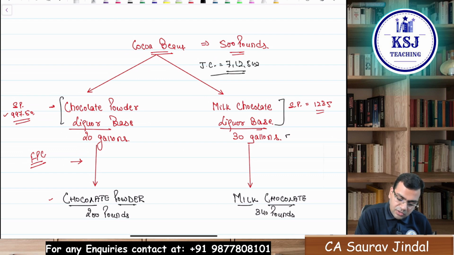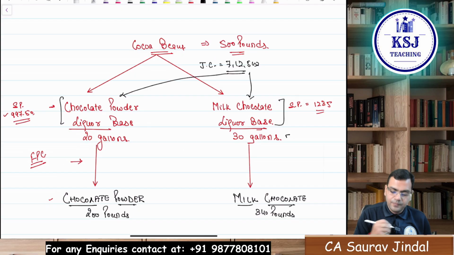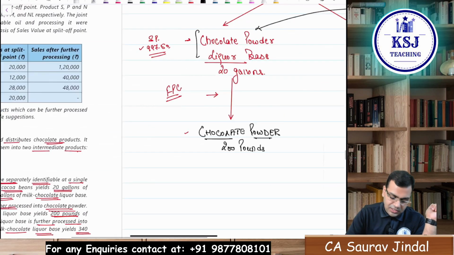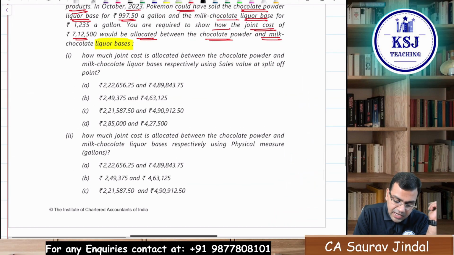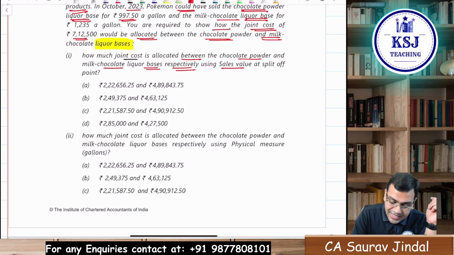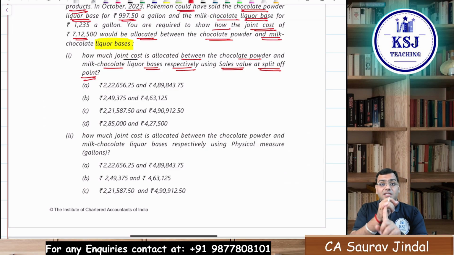How are you going to distribute it between the two liquor bases? Let's see what bases they are asking for. First, they say how much of the joint cost is allocated between the chocolate powder and the milk chocolate liquor bases respectively using the sales value at split off point.